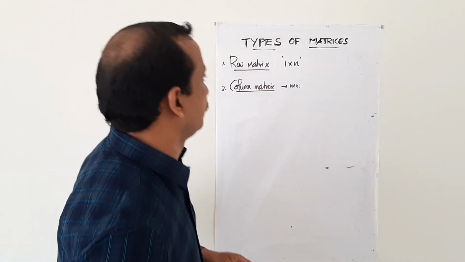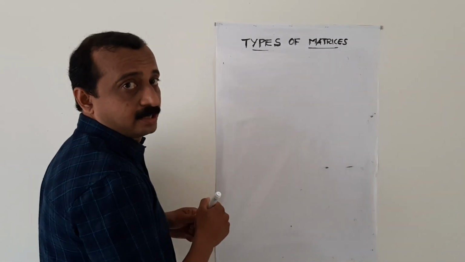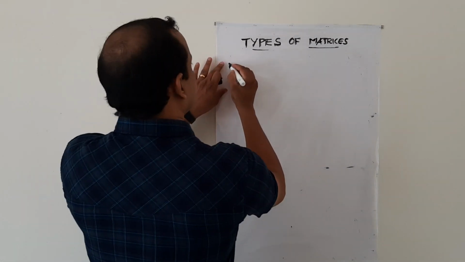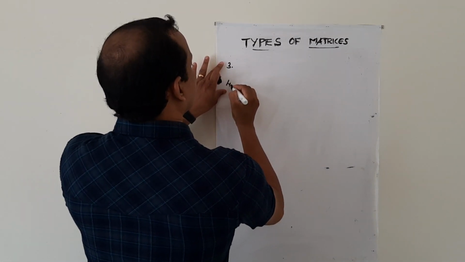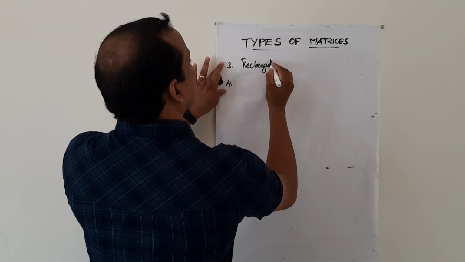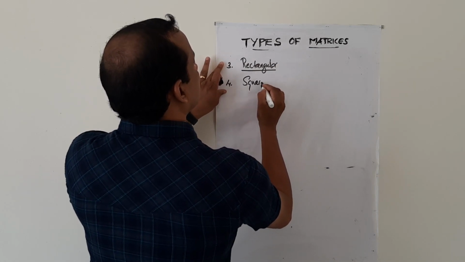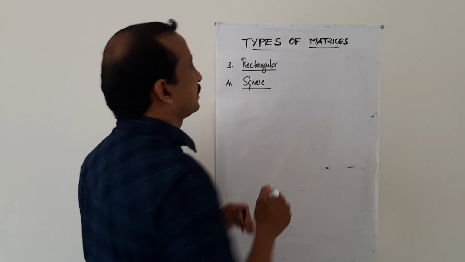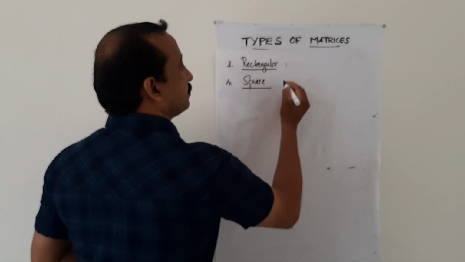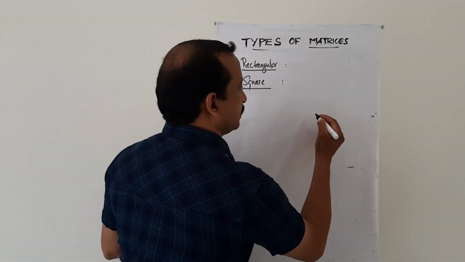Now let us define the third and fourth types of matrices: the rectangular matrix and the square matrix. What are a rectangular and a square matrix? We will write some examples.